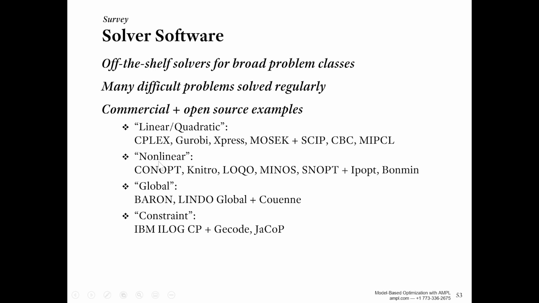There's a whole other nonlinear class that handles a more general kind of problem, and there are other special kinds that are useful in handling some more difficult situations. But you notice I don't have a whole lot of categories here. Okay? So it's not hard to do this, and with a language that supports many solvers, and all these are supported by AMPL, you can easily benchmark lots of solvers and see which ones do best for your problem.